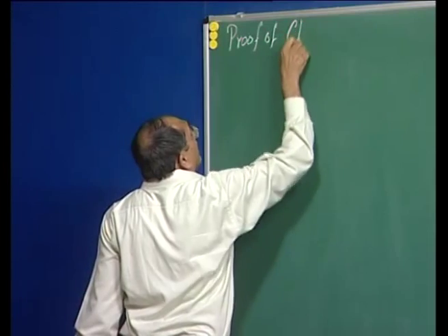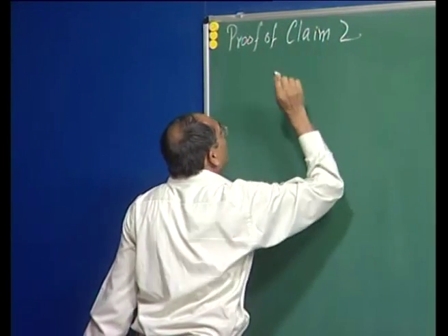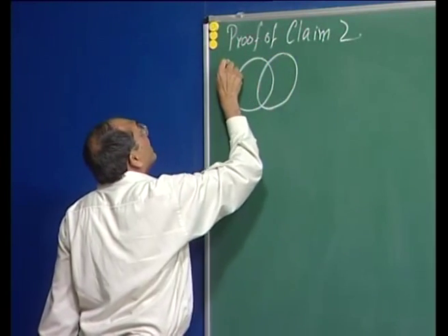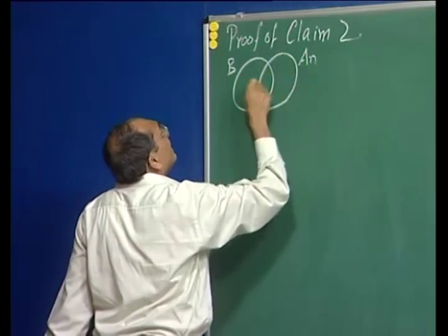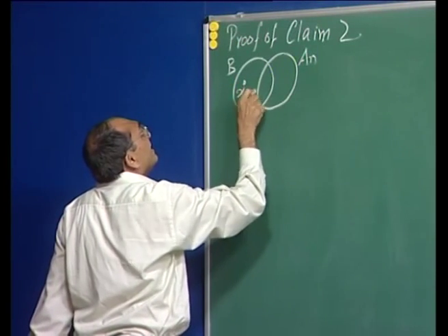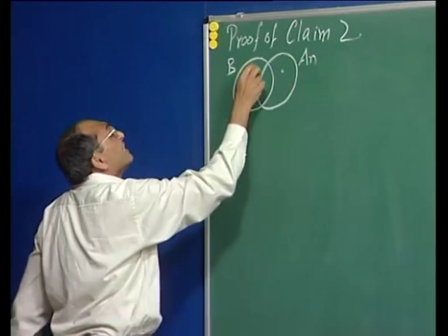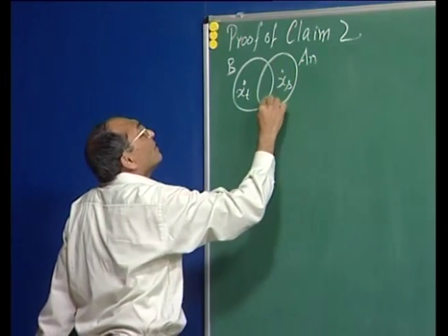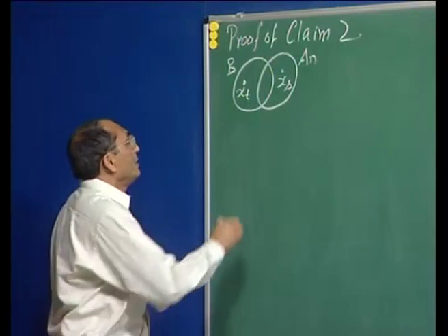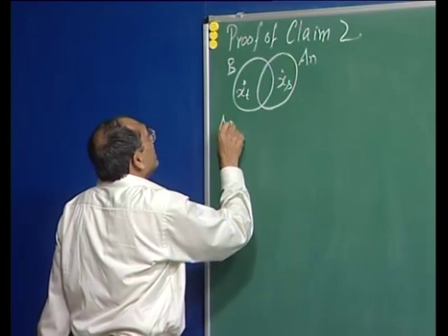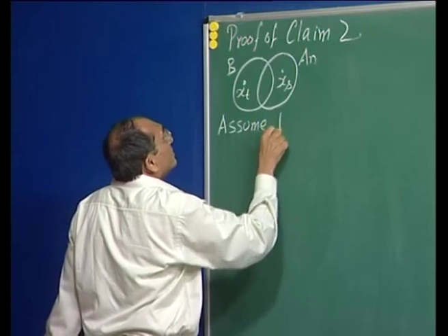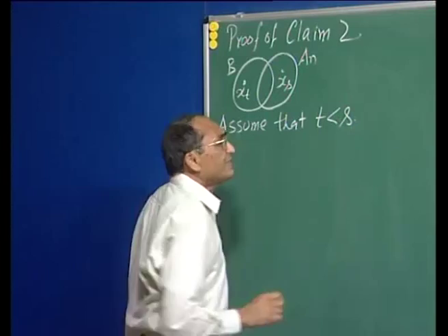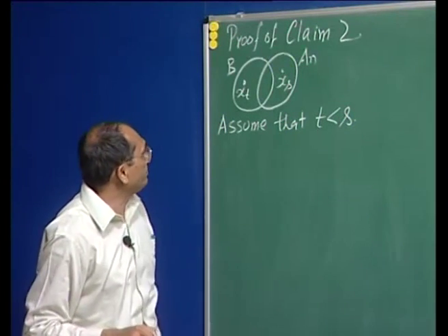So, what we have is set B and set A_n. Here we have x_t, where t is the smallest index in this region, and x_s, where s is the smallest index in this region. Assume the contrary, that t is actually less than s, and let us arrive at some kind of contradiction.